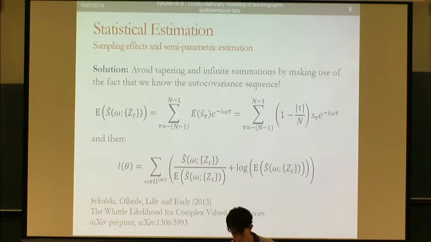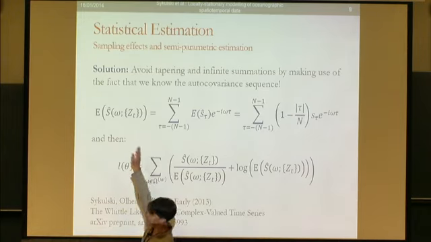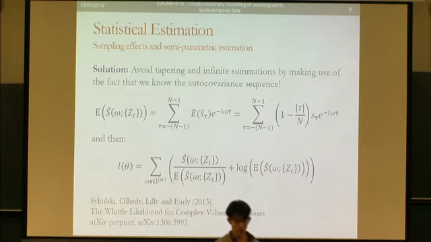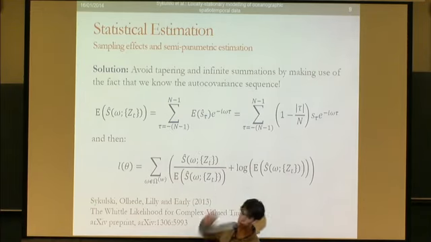They'll use summations to fold in frequencies higher than the Nyquist. But we can actually avoid these sorts of summations and tapering by making use of the fact that we actually have a model. We know the autocovariance sequence. So we can look at the expected value of the periodogram, which is that first object there, and say that actually it forms a Fourier pair with the biased sample autocovariance sequence.